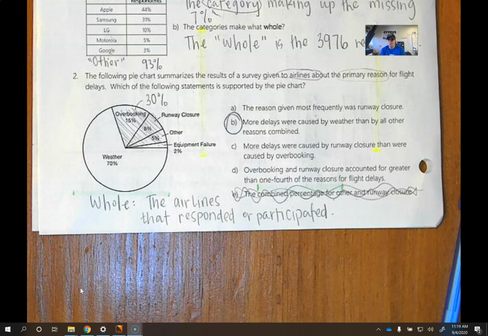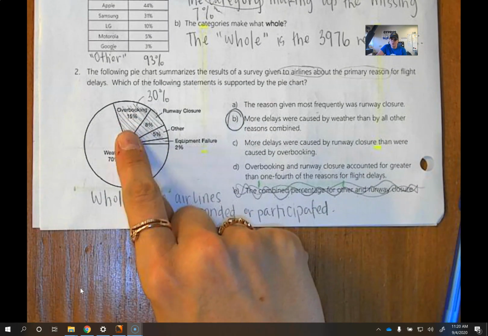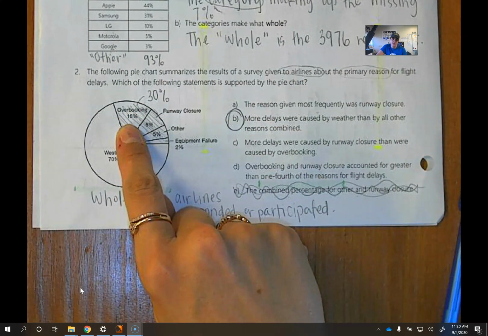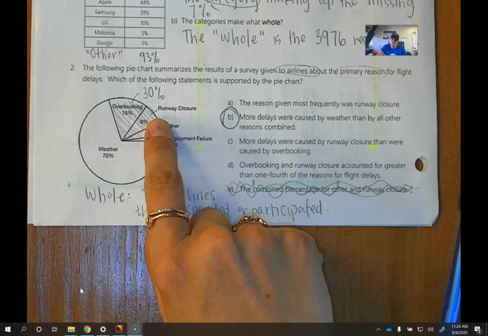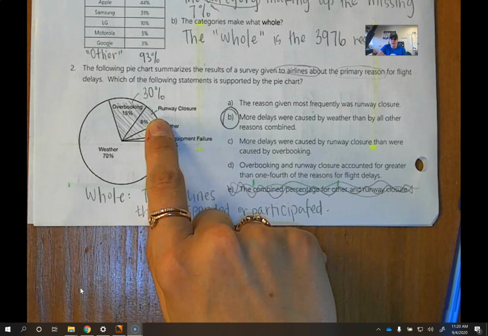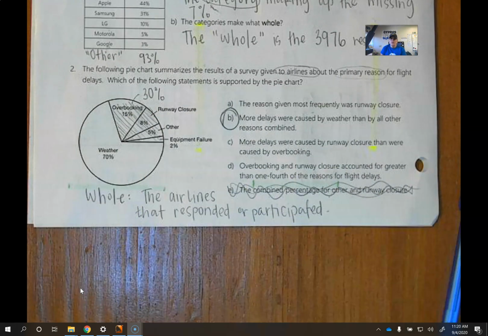C, more delays were caused by runway closure than were caused by overbooking. No, 15% of the airlines that responded said the primary reason was overbooking, but only 8% of the airlines that responded listed the primary reason as runway closure. And then D, overbooking and runway closure accounted for greater than 1/4 of the reasons.